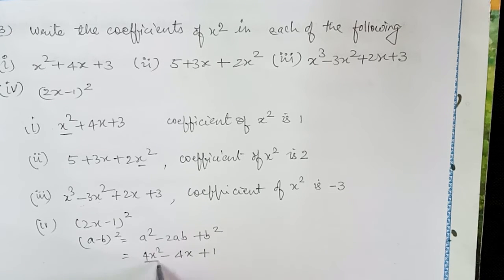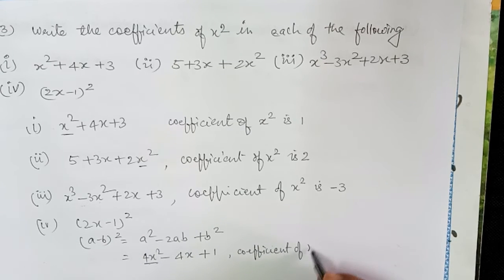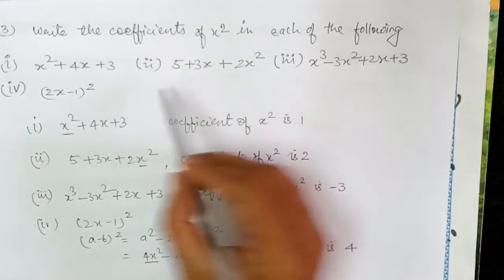Now here the coefficient of x square is 4, so we can write the answer: the coefficient of x square is 4. So here it is, write the coefficient of x square in each of the following.